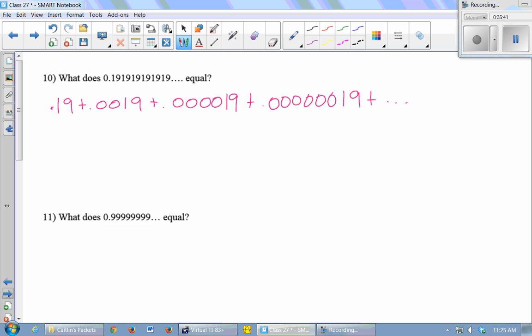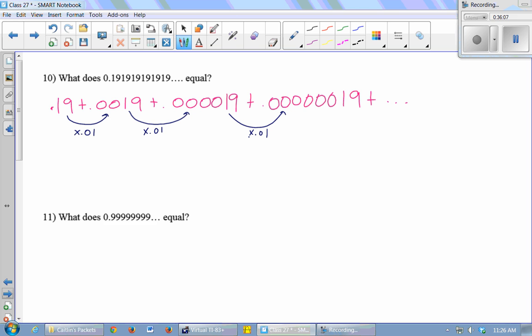Okay. So, is it geometric? What's my constant multiplier? Just 0.01. Yeah, when I multiply 0.19 by 0.01, that moves the decimal 2 to the left, right? 0.0019 moves the decimal 2 to the left, and I get 0.000019, and then you do it again, right?